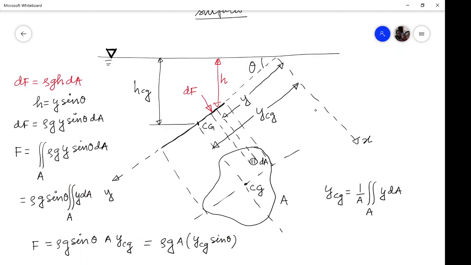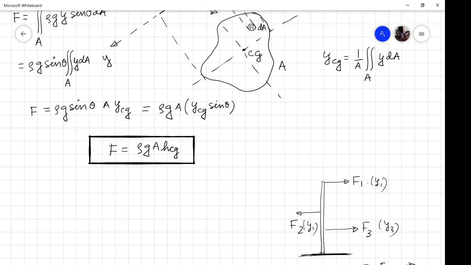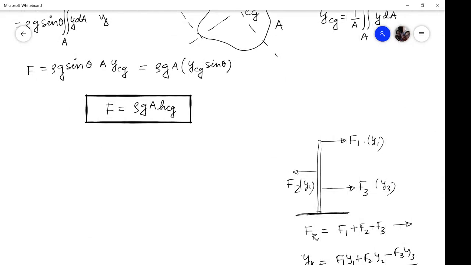So we'll be taking the moment of this and integrating over the whole surface and dividing it by the net force which is acting. So the position of, let us say, center of pressure, or the position of net force, is y center of pressure. So F times y center of pressure will be the area integral of y times dF.